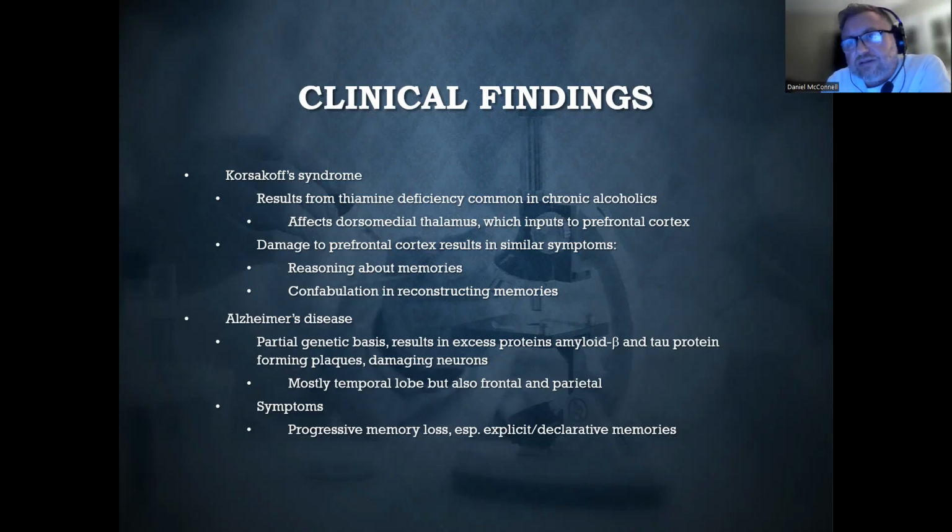There's this interrupted stream of information coming out of long-term memory, and they compensate for that in the PFC by filling in the gaps. So that's a particular thing noted with Korsakoff syndrome: this pattern of confabulation that seems to be connected to that disrupted recall process.